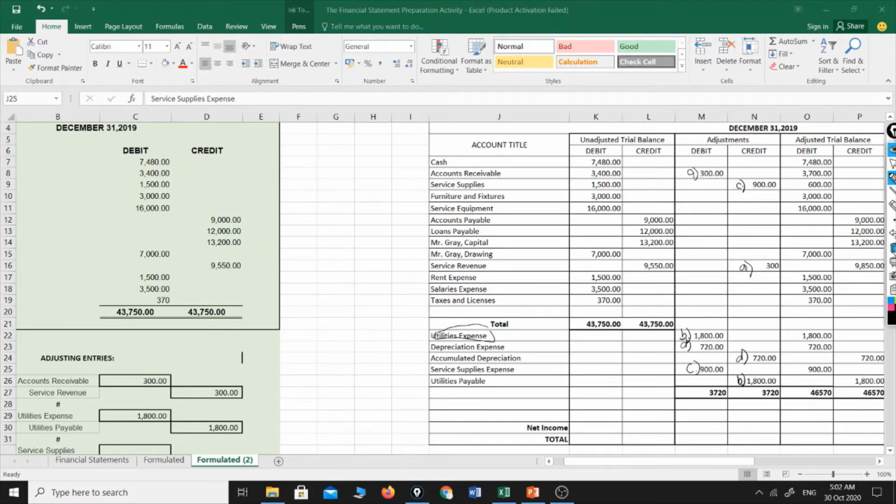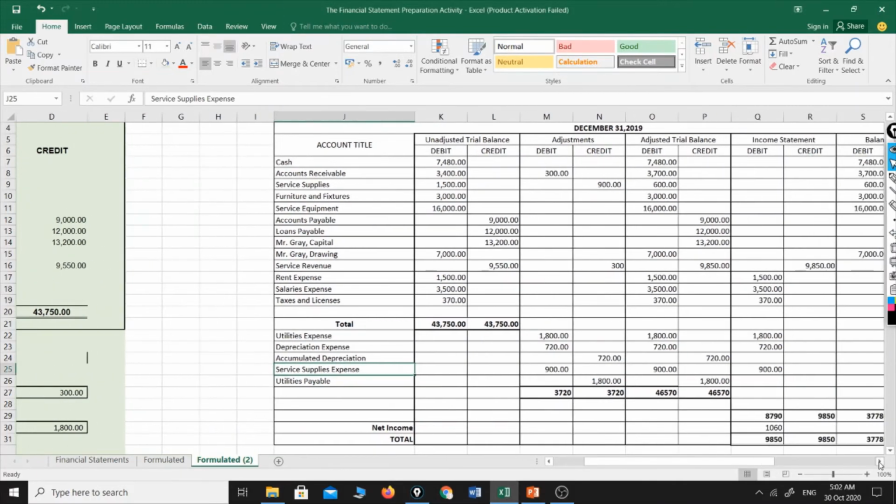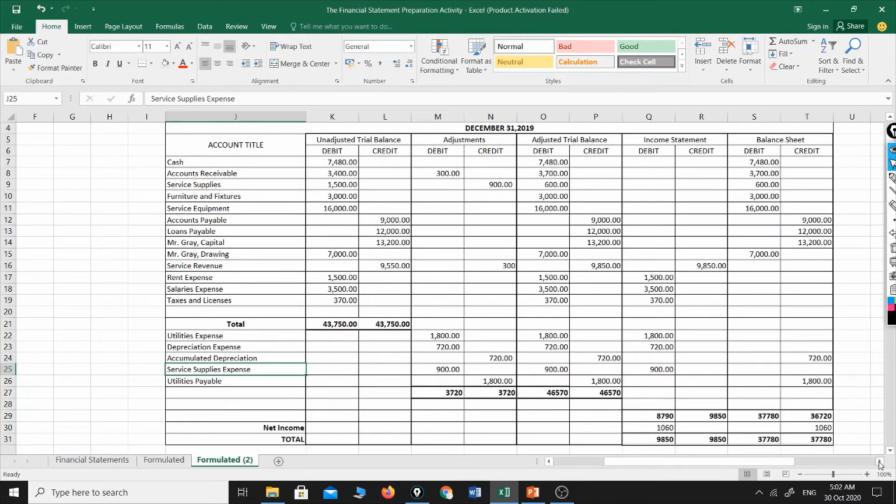Okay, so the next one is we have to extend this to our adjusted trial balance. So if the problem already gives you the adjusted trial balance, you don't need to prepare all of this. Okay, the first one, the unadjusted trial balance and the adjustments, are not needed if you are given the adjusted trial balance.